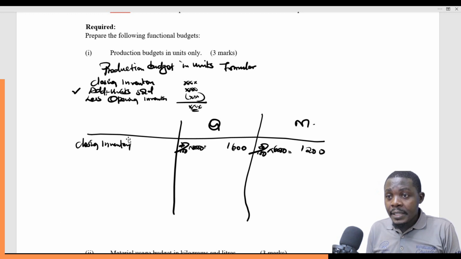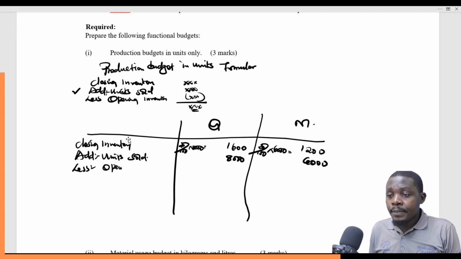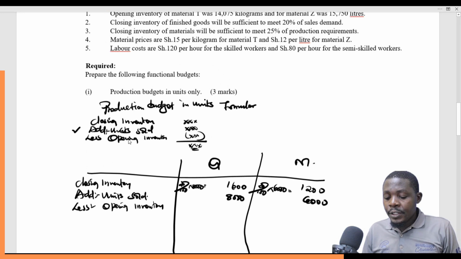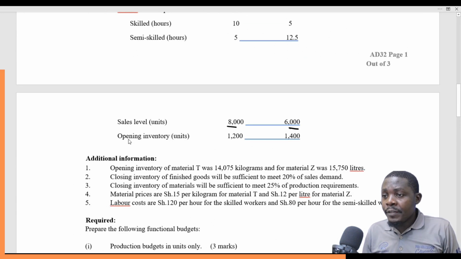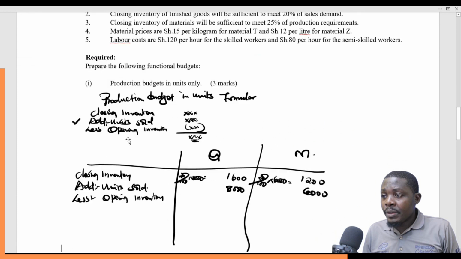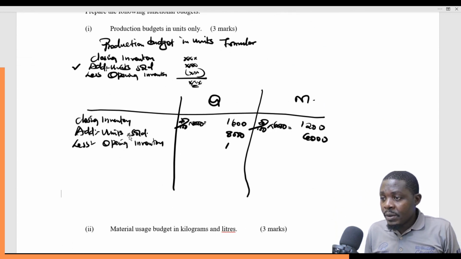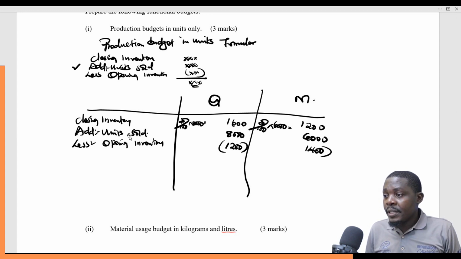We add units sold, which were 8,000 and 6,000 respectively. And then we less opening inventory in units, 1,200 for Q and 1,400 for M.